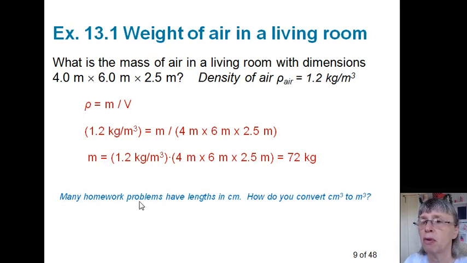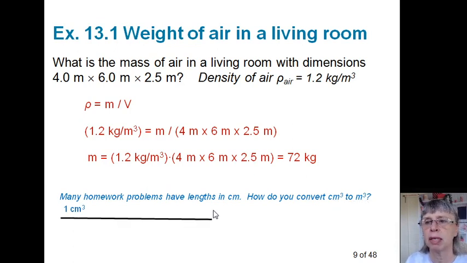Oh, and one other thing before I get off this slide, a lot of the homework problems will have lengths in centimeters, so it's important to remember how to convert centimeters cubed to meters cubed. How do you convert a unit when that unit has an exponent? If you remember, because of the exponent, you're going to have to use the same exponent in your conversion. So there's 1 cubic centimeter.